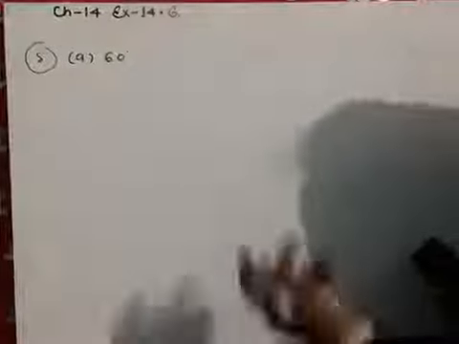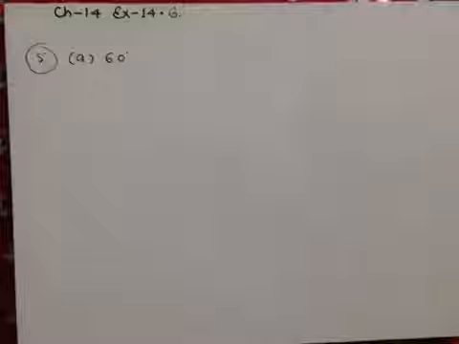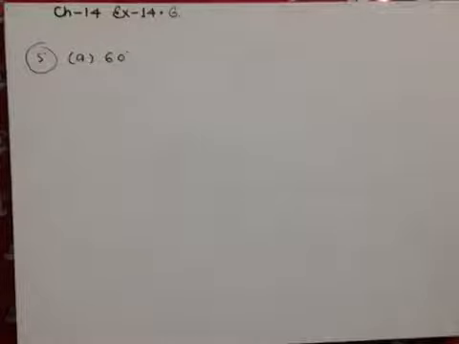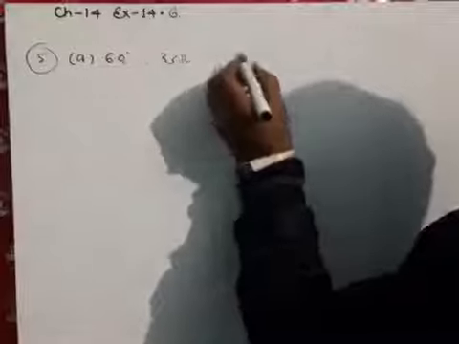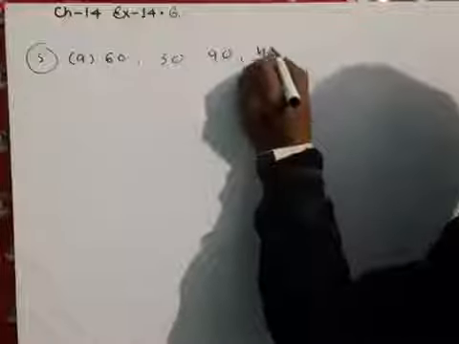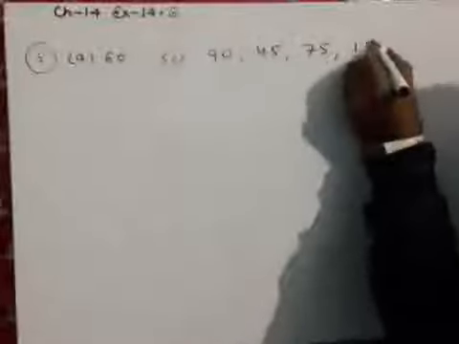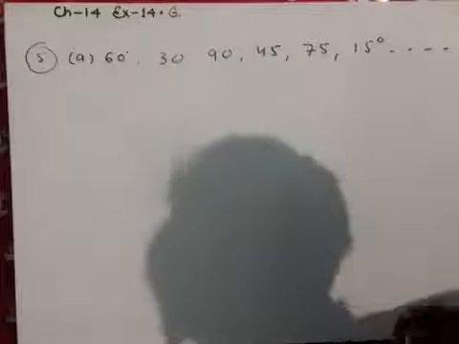I am telling you all the angles in one question: how to draw 60, 30, 90 degree, 45 degree, 75 degree, 15 degree, and so on. In one question I am going to tell you all these angles.